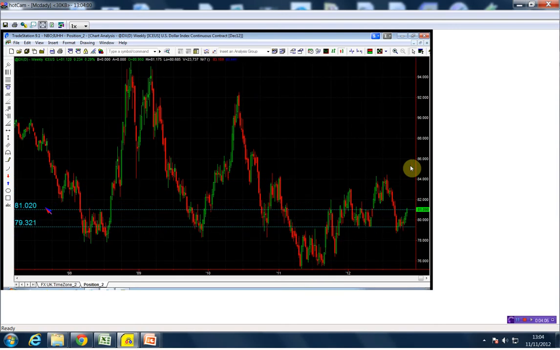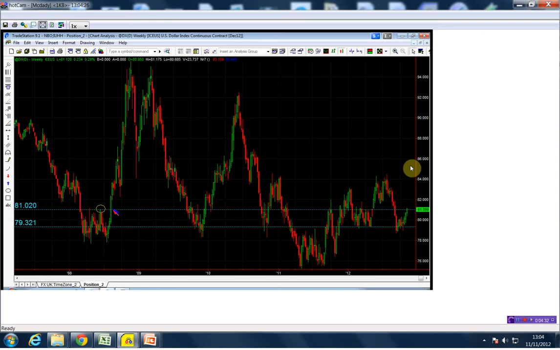It is the 81.02, which is basically these highs right here, the breakout that led to this move, and it is also the breakout here. So the 81.02 is relevant and significant because it was the beginning.